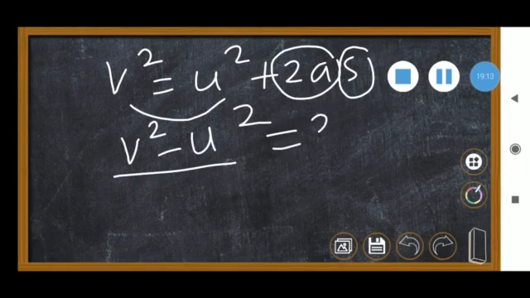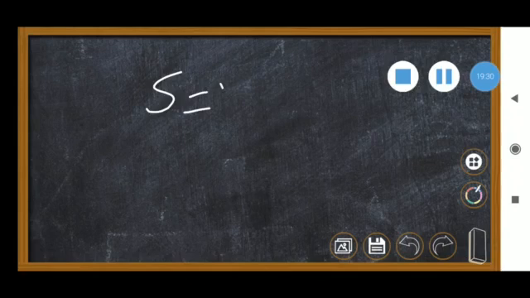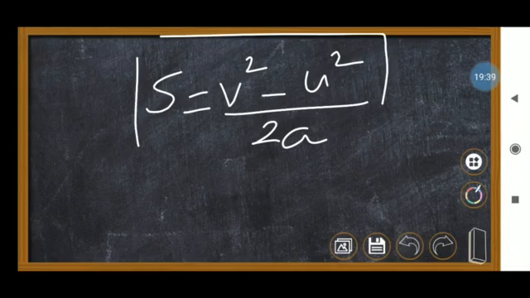So v square minus u square equals 2as. The 2a is multiplication; when it comes to this side, it will become division. So s equals v square minus u square divided by 2a. This is the equation for finding the displacement when it is going with uniform acceleration from one point to another.